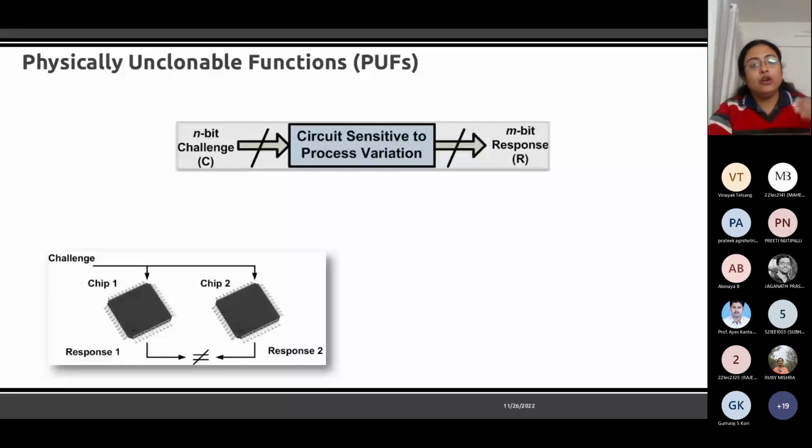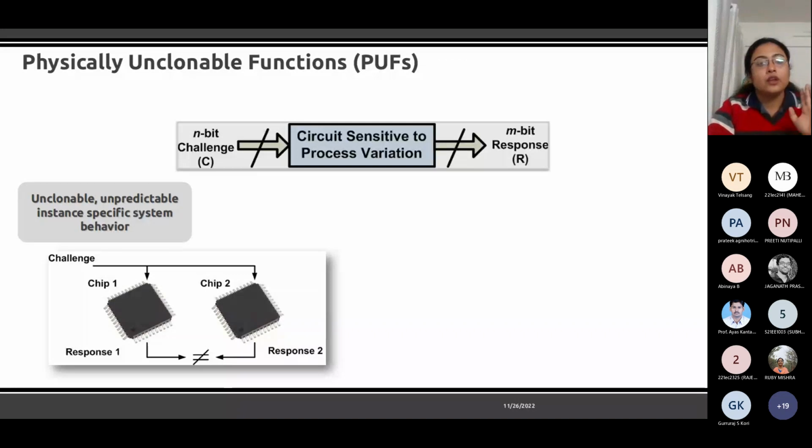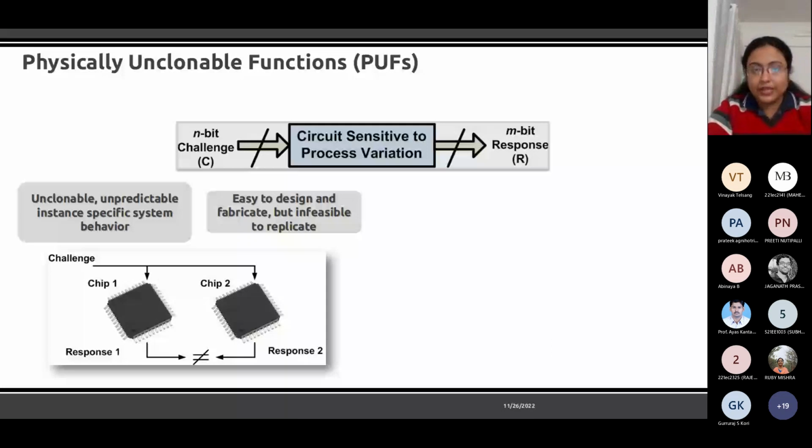Okay, so now you can see that for PUF, if we give a challenge to two different chips, the response will be different. So it has the following properties. It has unclonable, unpredictable, instance specific system behavior. It is easy to design and fabricate but infeasible to replicate, because you cannot actually replicate the propagation delay of a particular device.